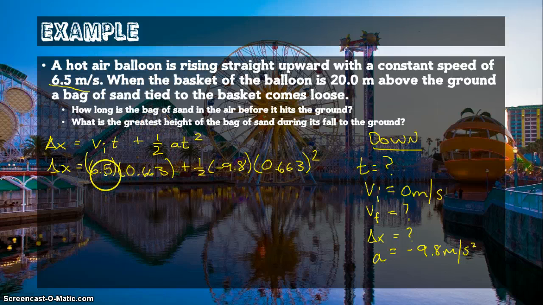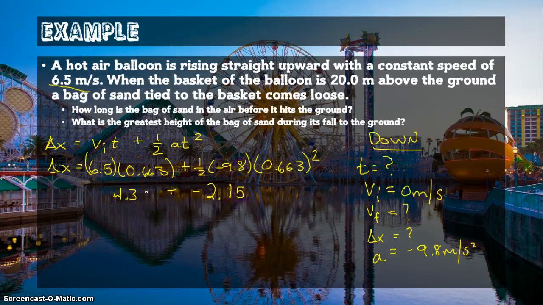Okay, so if we solve this on a calculator, you should get 4.3 plus negative 2.15.